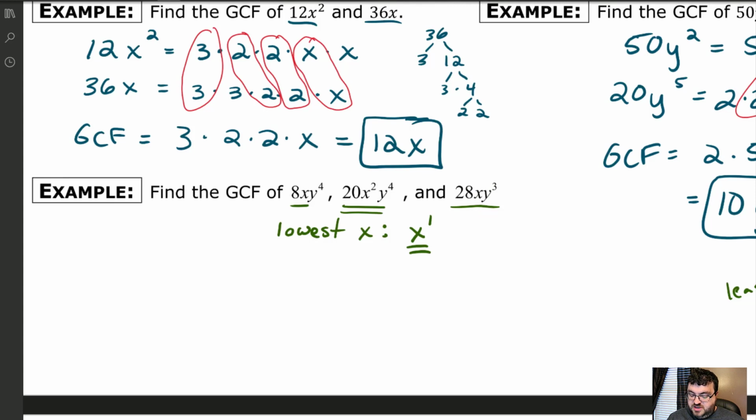So x to the first will be your lowest x. For your lowest y, we see y to the third on the very far end in that last term. So y to the third will be the lowest y.